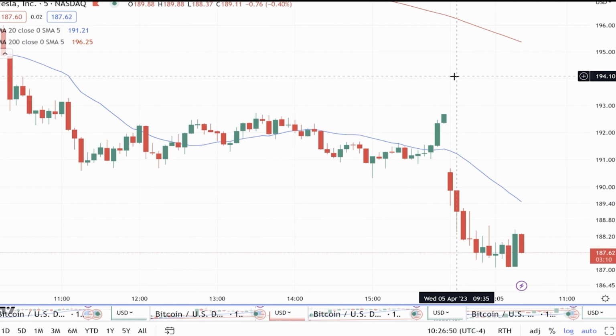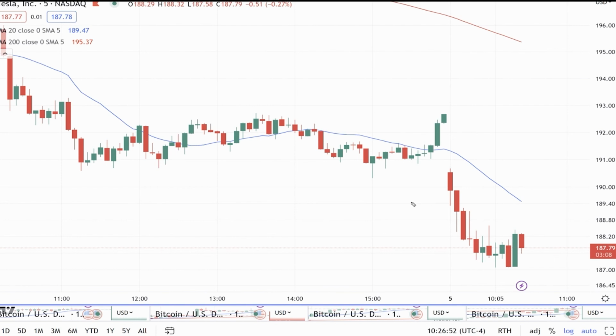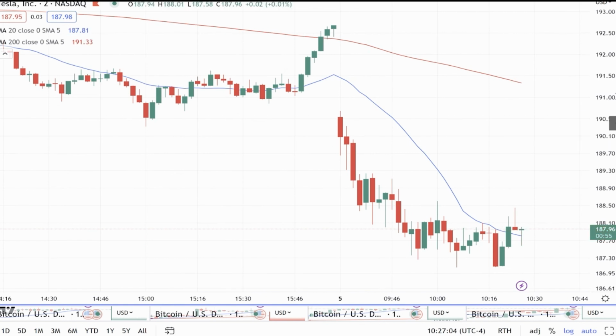If your stock, like Tesla, is starting from a location, check to see if that location is being confirmed on another time frame as well.